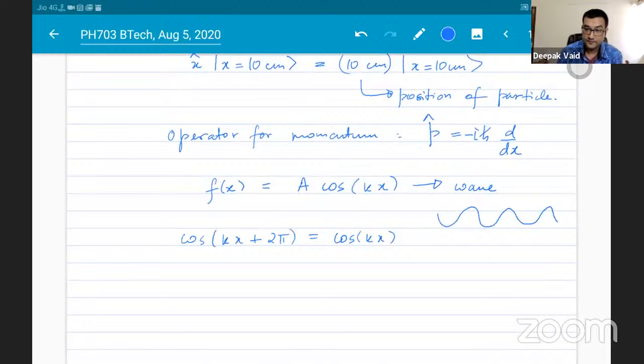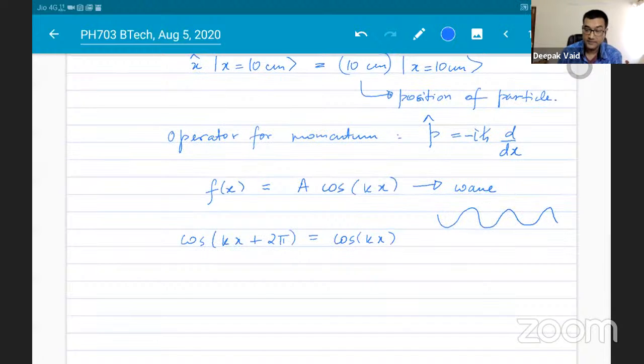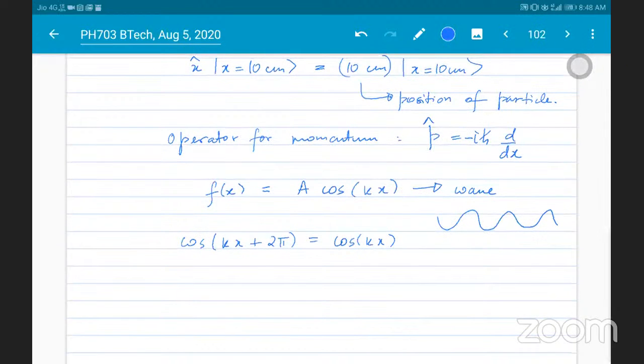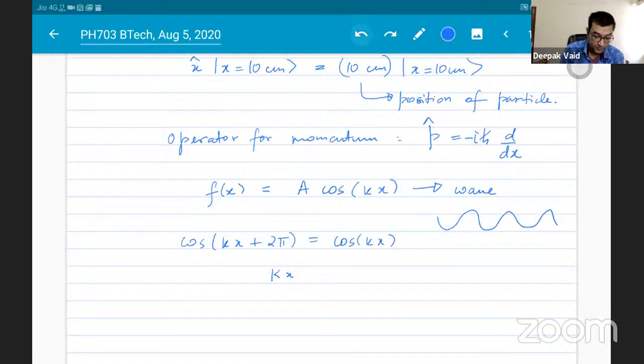This argument kx plus 2 pi, I can write as k times x plus 2 pi by k, which I can now write as k times x plus lambda.